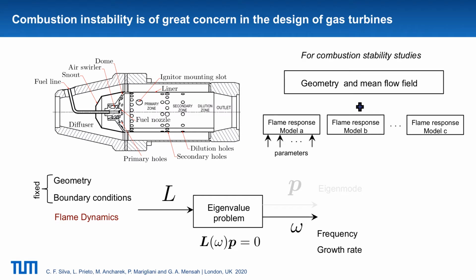Remember, we assume that geometry and boundary conditions remain fixed, and we just consider the flame dynamics for a given set of parameters, compute the eigenvalue problem, and obtain the eigenmode and the eigenfrequency in terms of the frequency of oscillation and the corresponding growth rate.